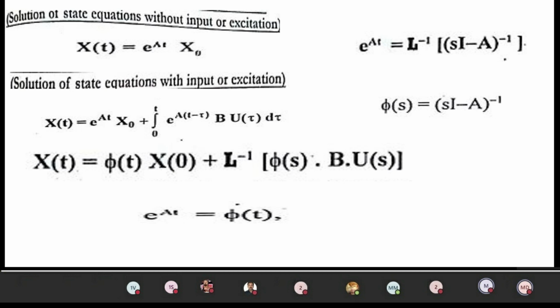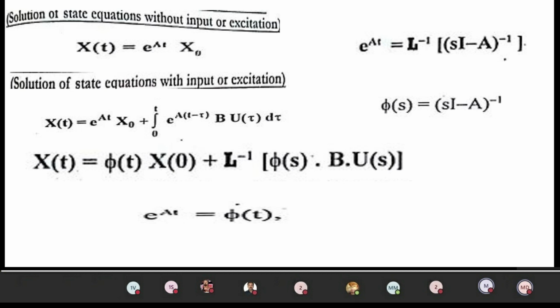So you will get the equation like this. This will be the relation for the two transfer functions. So here you have e power at into x of 0. This is how to determine the state equation and state model.